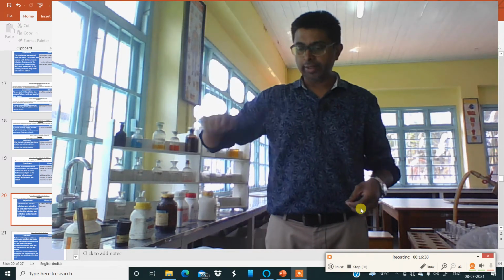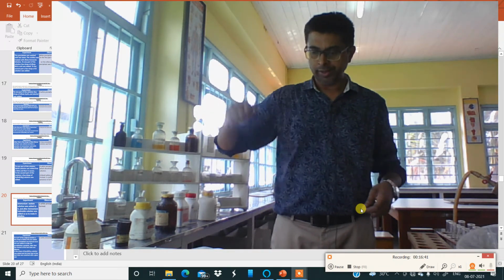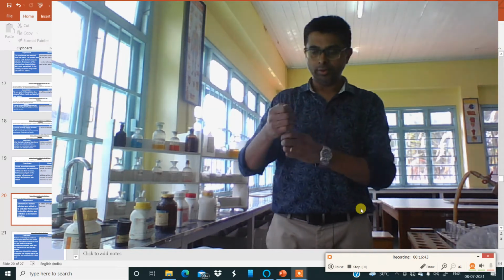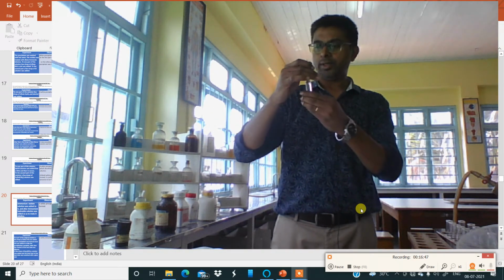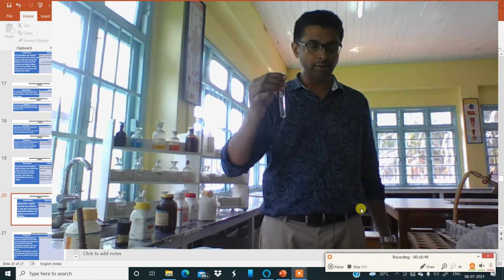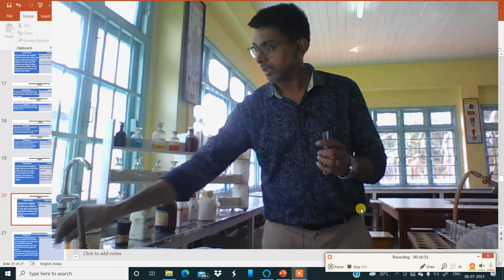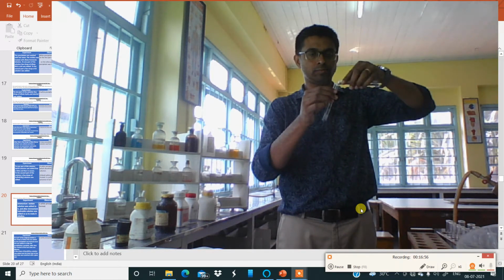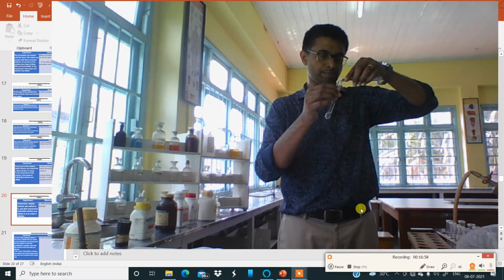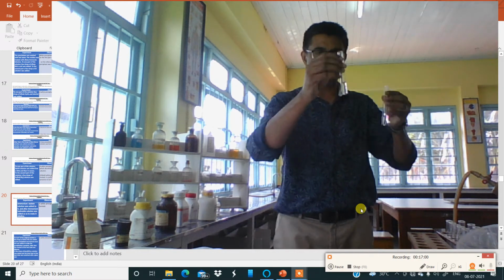It is dissolved, I think. Now this sample solution of zinc, I will divide into two equal parts.